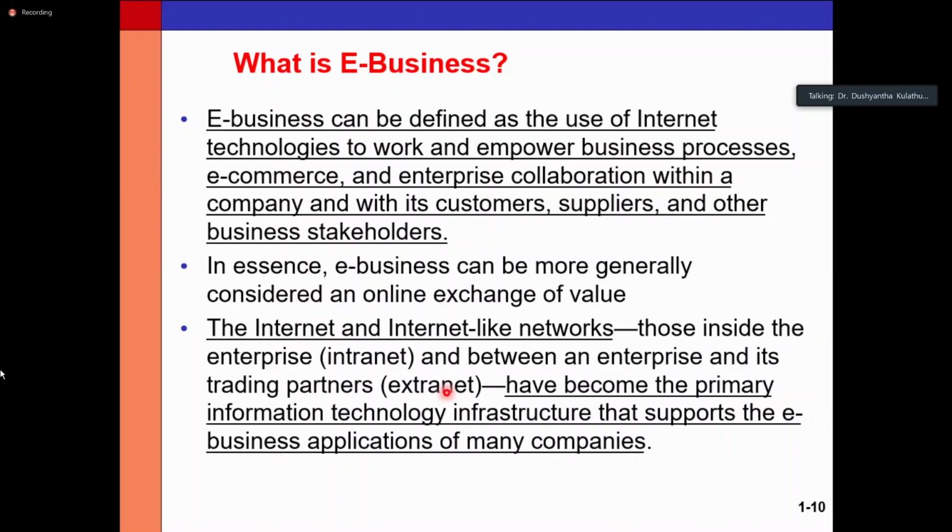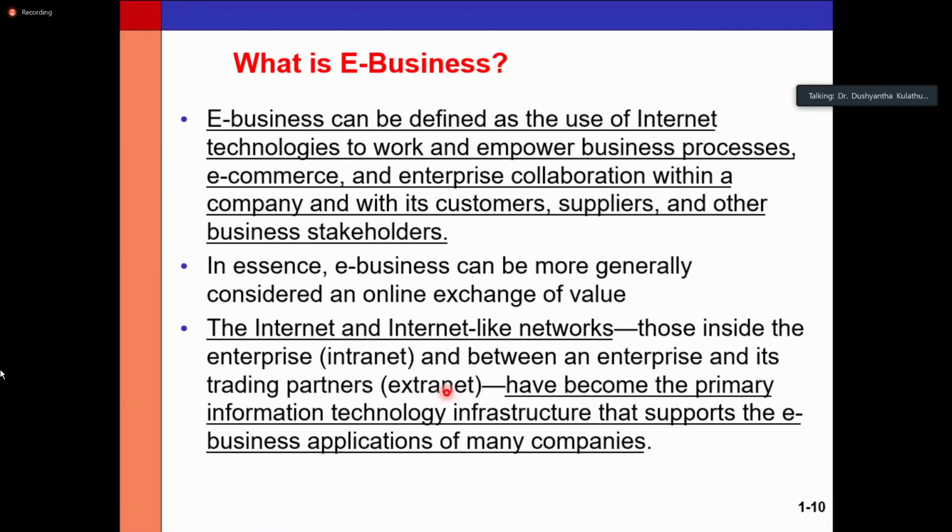Now, if we think about, say, internet banking, you are basically accessing a particular bank's internal network through an extranet, but with restricted access. What is the restriction? You can access only your account. But a bank employee will be able to access all the accounts of all the customers in the bank.